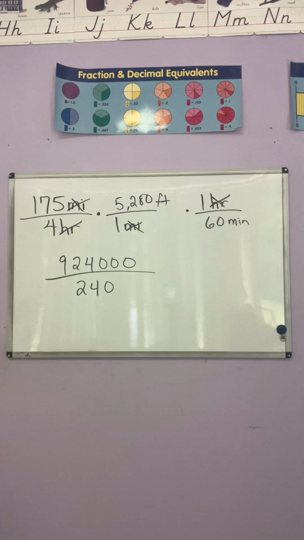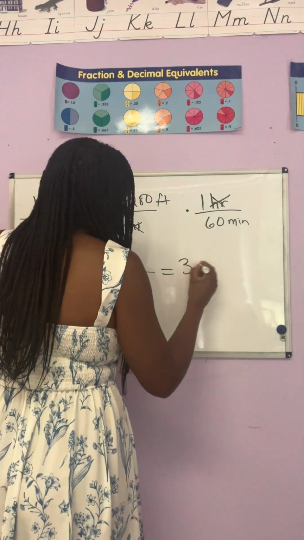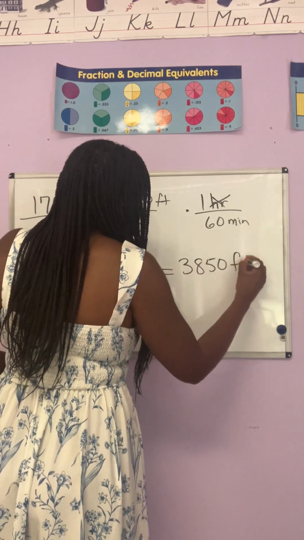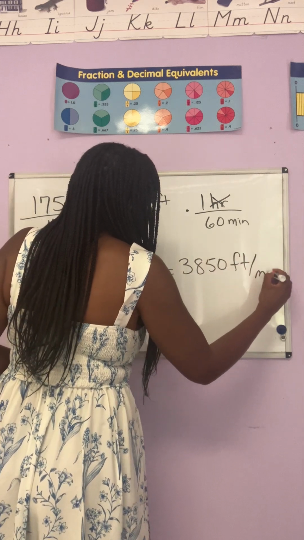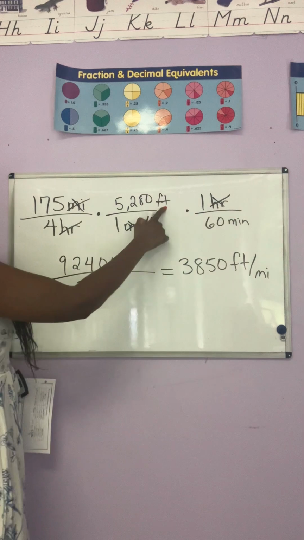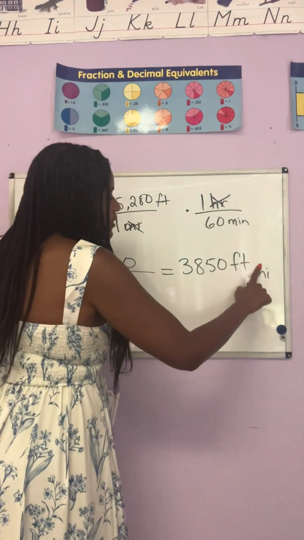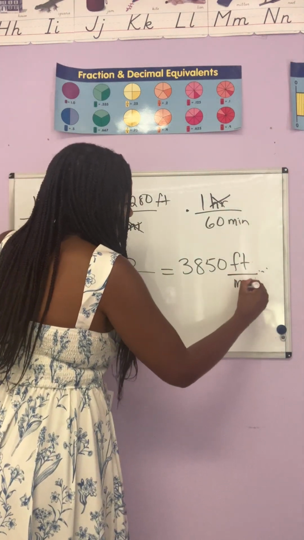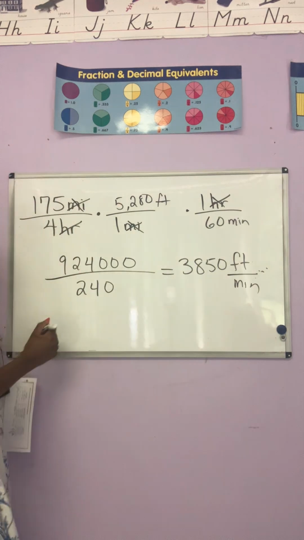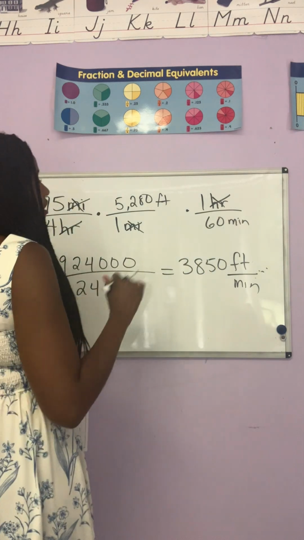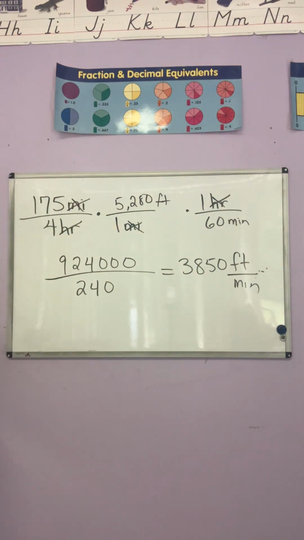And that gives us 3,850 feet per minute. And it makes sense. We have feet on top. If you really wanted to write this as a fraction, you can think about the minute being on the bottom. We have feet on top and minute on the bottom. All other units have canceled out. So that's how we have feet per minute here.